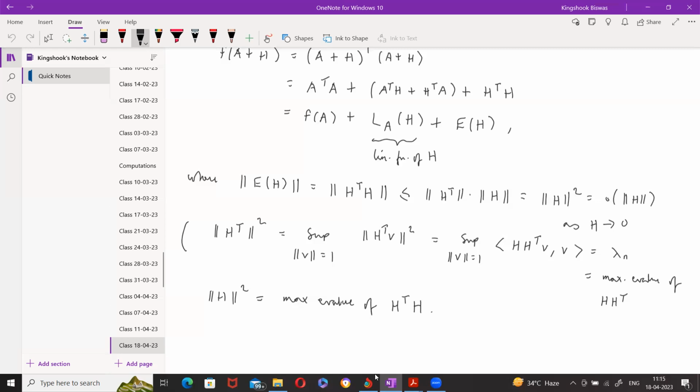No, look, this is the inner product of H transpose v with H transpose v. So I can take this H transpose to the other side and it becomes an H. Oh, okay. So I'll get H transpose H v. And similarly, that's how I got the second one.